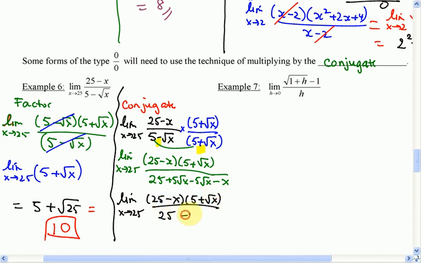See how this is now on the bottom? 25 minus x. Whoa, looking good. Bye-bye. And you see you end up with the same thing as before. Plug in the value and you'll get 10.